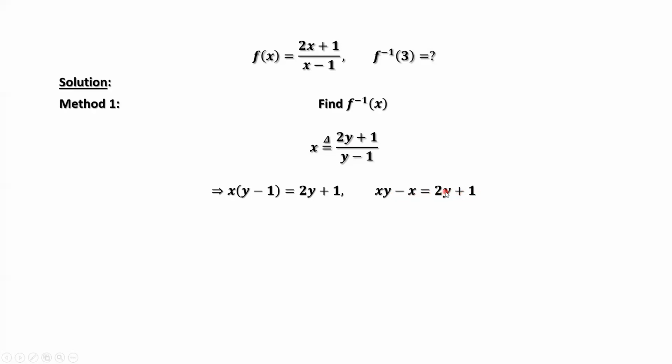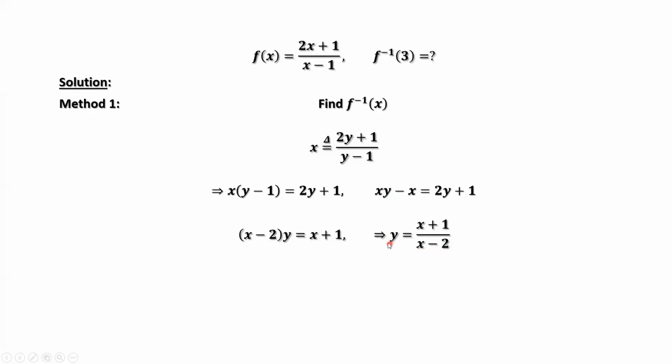We move 2y to the left-hand side and negative x to the right-hand side. We factor y out. (x minus 2)y equals x plus 1. Both sides divided by x minus 2. We have y equals (x plus 1) over (x minus 2).